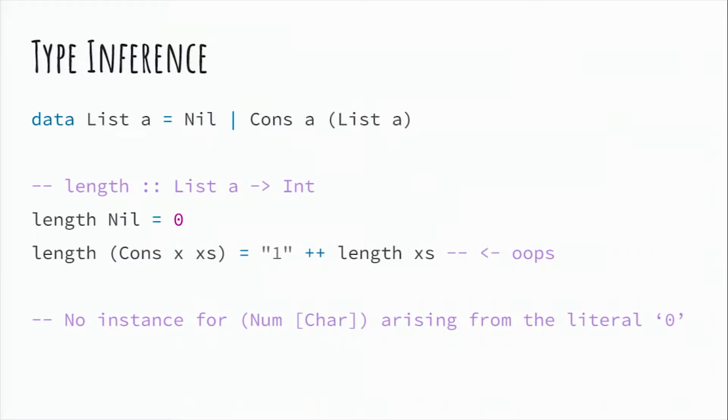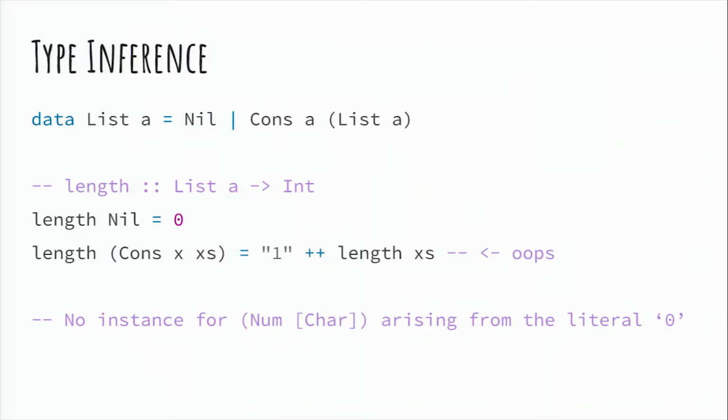If I do an oops in the code, then the compiler will complain and say that there is no instance for Num Char arising from the literal. And I'm like, what is this? Well, apparently Num is a type class that says this type is something that you can add.